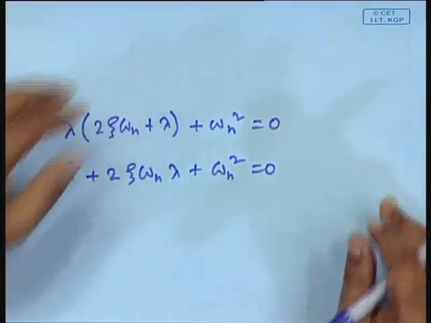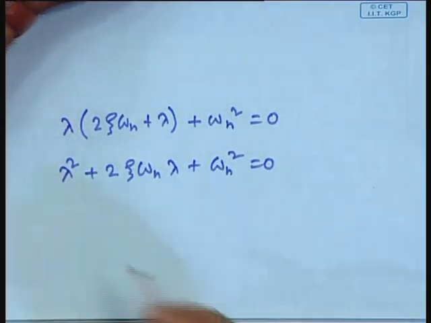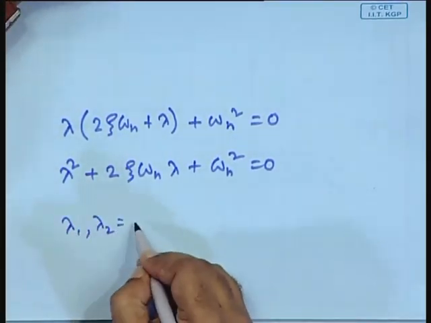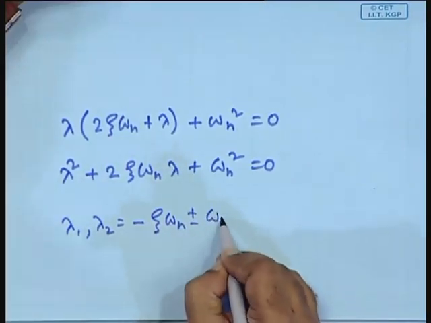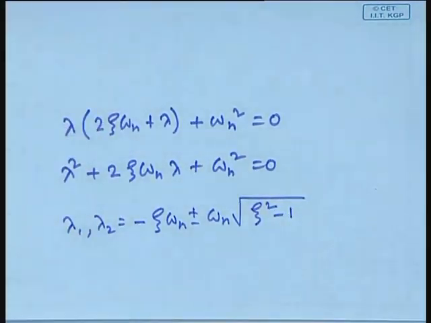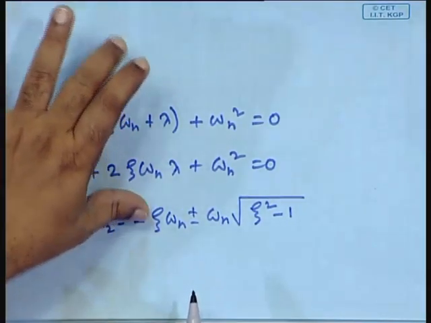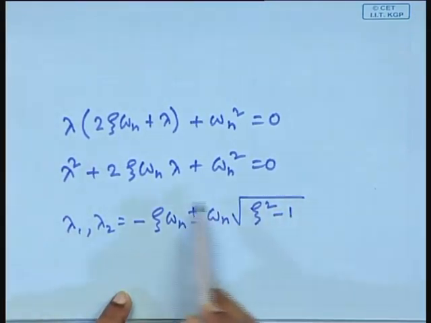So, in this case, what are the eigenvalues? We have already obtained. Yeah. So, lambda 1, lambda 2 are minus zeta omega n plus minus omega n root over zeta square minus 1. These are the two eigenvalues, and we know that such a set of two first order differential equations, their solution will be given by the character of these eigenvalues.